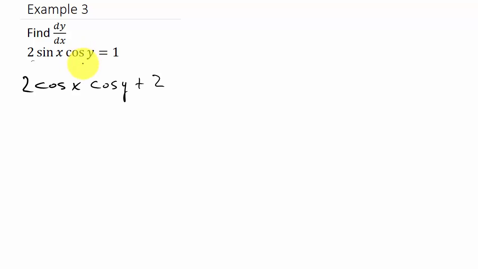Now the derivative of cosine y is negative sine y times, and remember, times dy/dx. Whenever you take the derivative of a term with the y in it, you multiply by dy/dx. So it's the derivative of the second times the first, so times sine x. And that's going to equal the derivative of 1, which is 0.